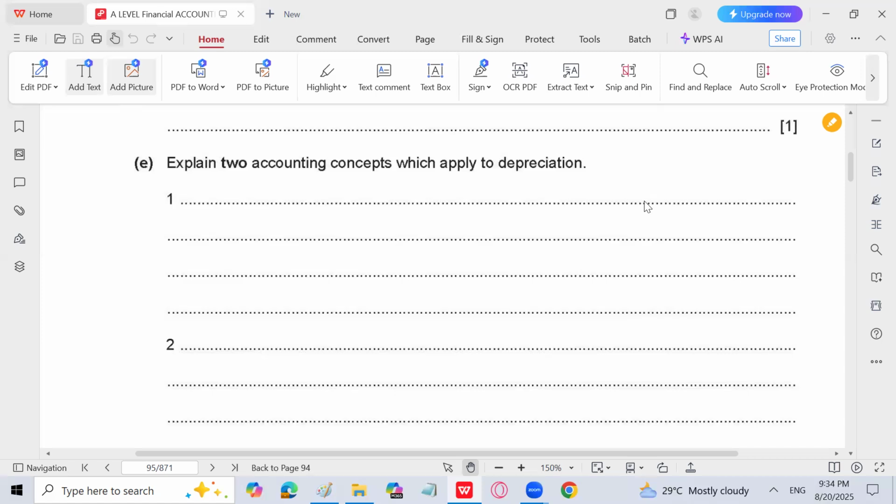Second concept is that the accrual and matching concept says that expenses should be recorded in the period to which they relate, either paid or not. So depreciation is a non-cash expense. Nothing is actually going out from our pocket, but the value of our asset is going to reduce gradually. So we need to record that expense in the current year, so that the matching concept is applied. Expenses should be recorded in the period in which the income is earned.